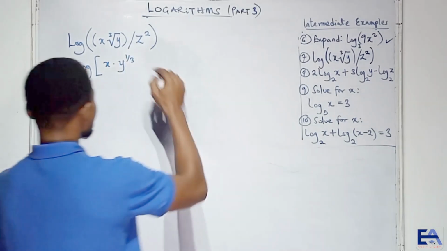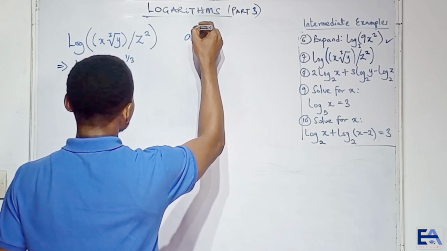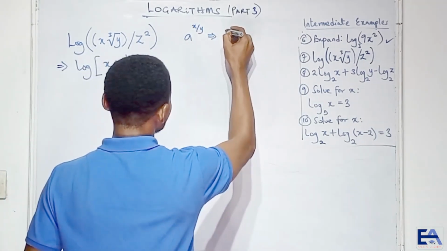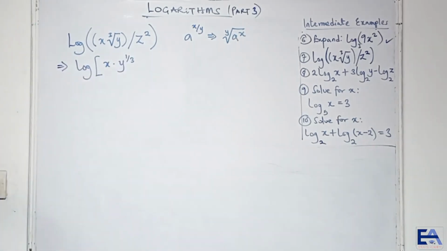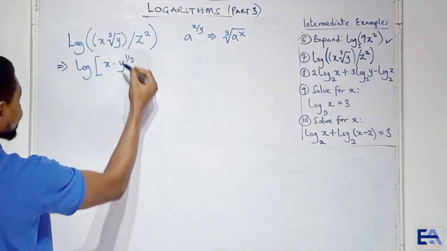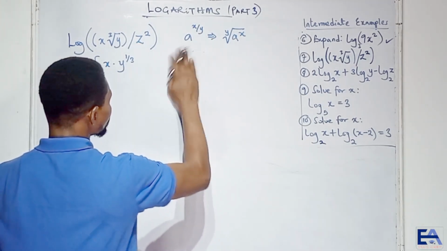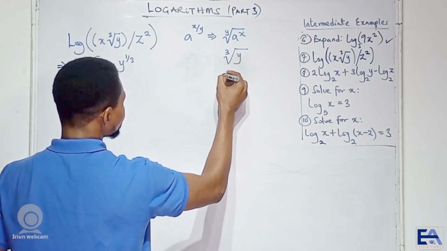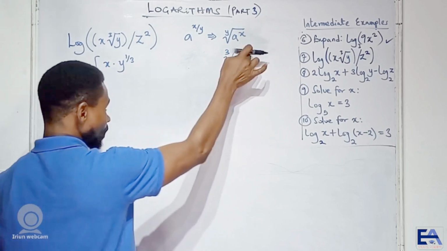According to the law of indices, a raised to power x over y is the same thing as the y-th root of a raised to power x. So the cube root of y is the same thing as the cube root of y raised to power 1, because any number raised to power 1 is that number.